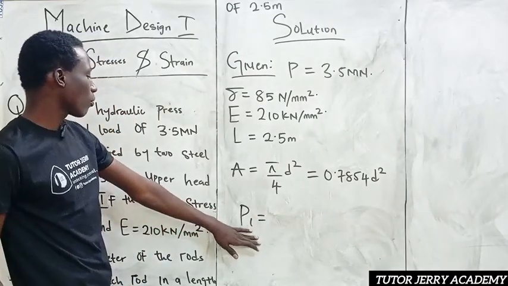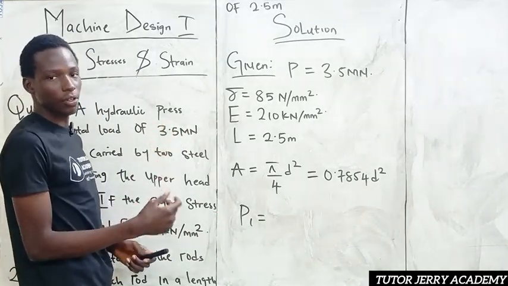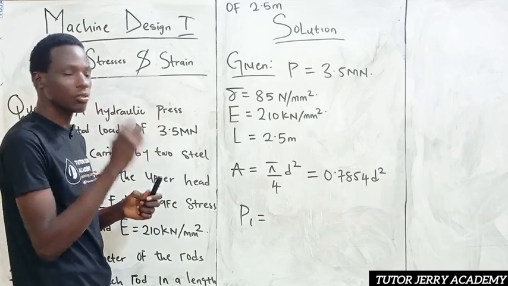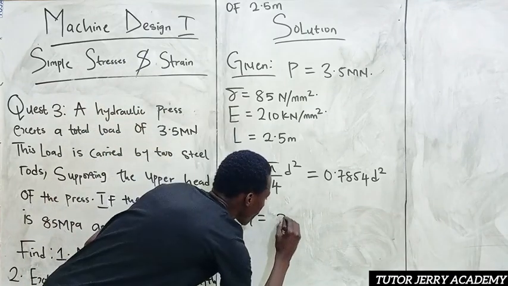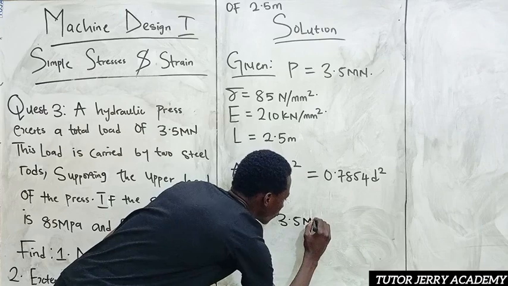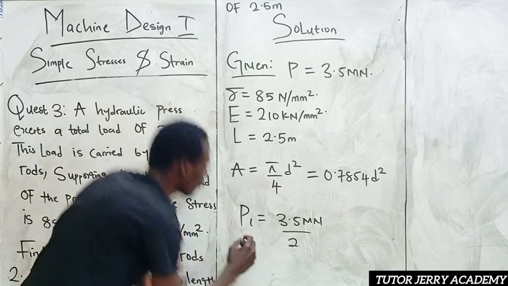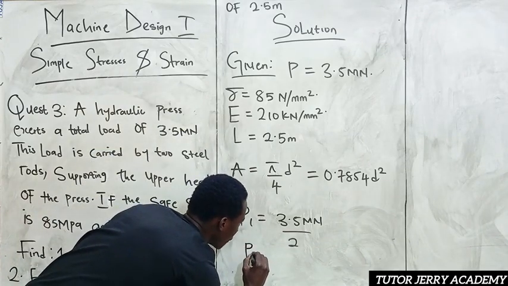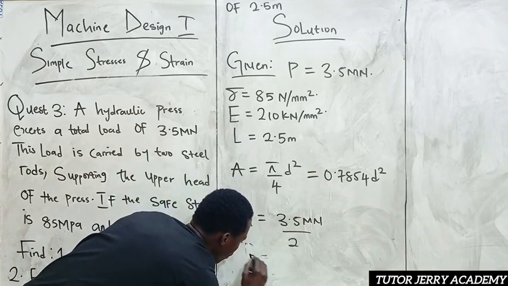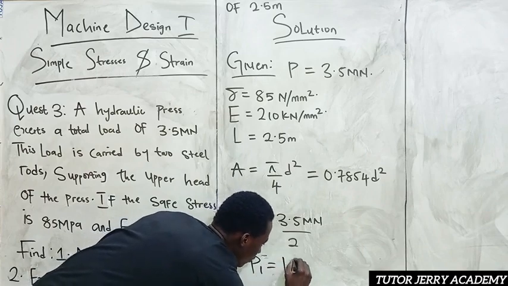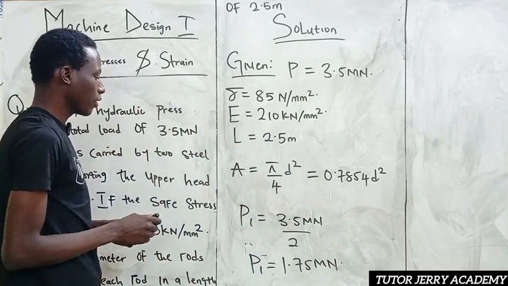P1 will be equal to P all over 2 in order to get the load acting on each rod. So P1 will be equal to 3.5 meganewton all over 2, which is 1.75 meganewton. So this is our P1.